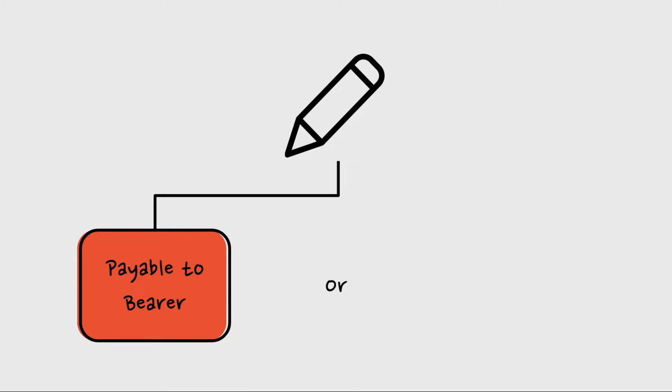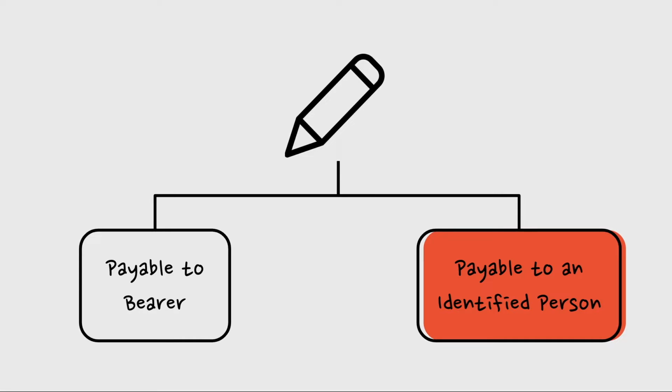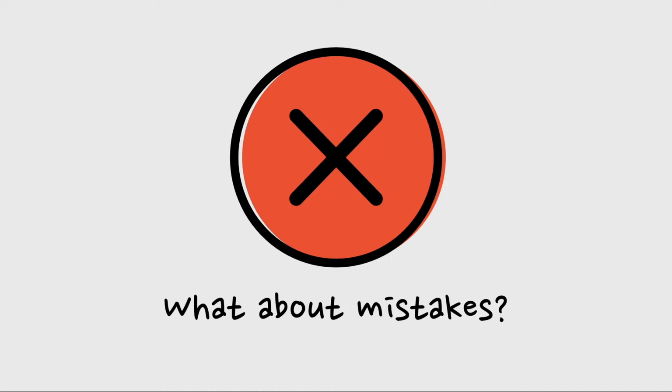That's straightforward. But it could also then be payable to an identified person, which would probably be the case, for instance, with the check that Bob issued to Barb for paying the 10 grand for the Honda Fit. And one of the things we need to think about with this initial question of payability, at who is it payable to at issuance, is just, well, what if somebody makes a mistake, right?